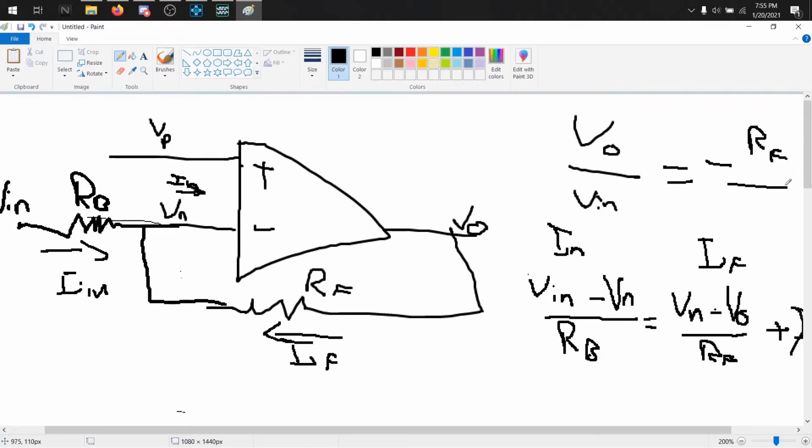Wouldn't the currents be in the same direction? Since no current goes into the negative input, it has to go through RB and RF in one way.